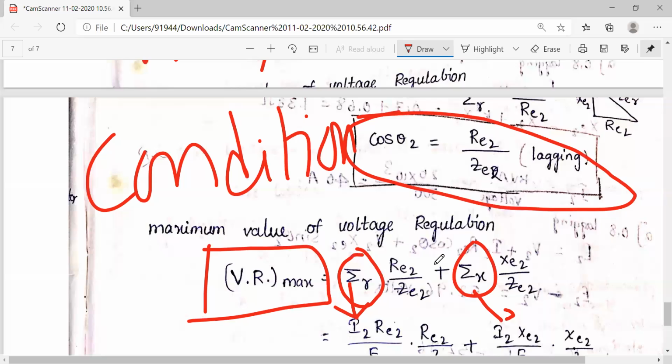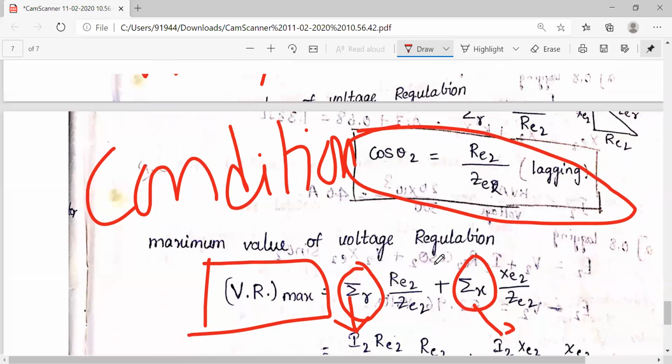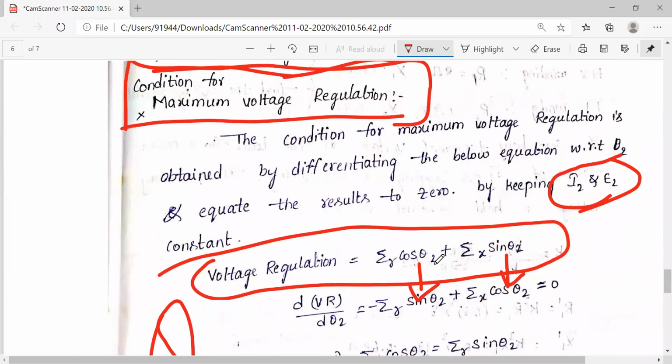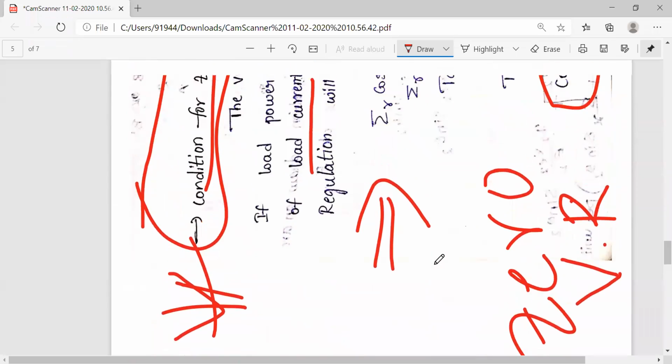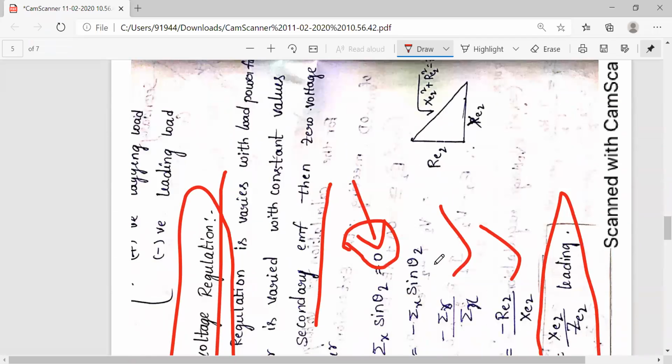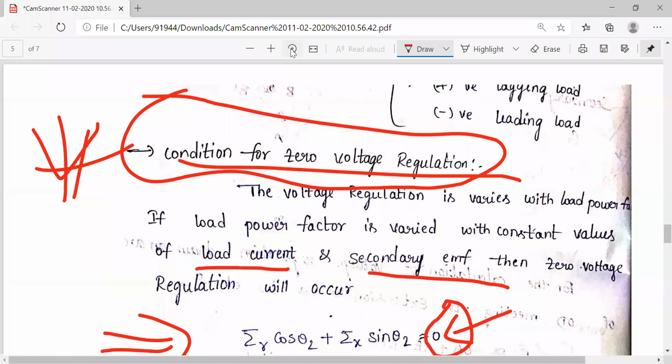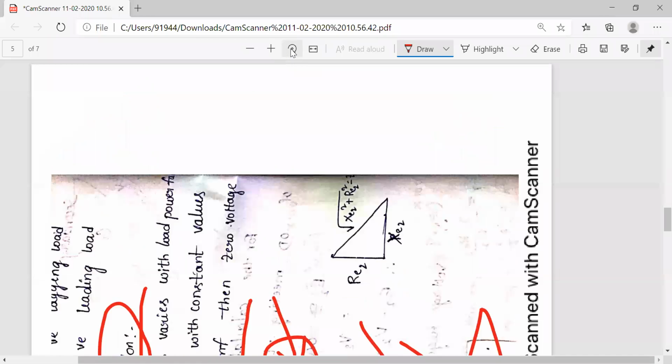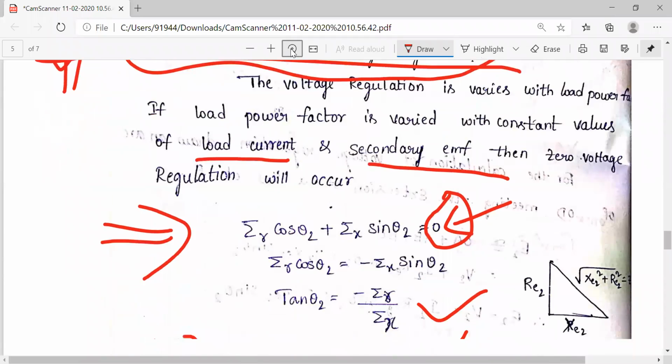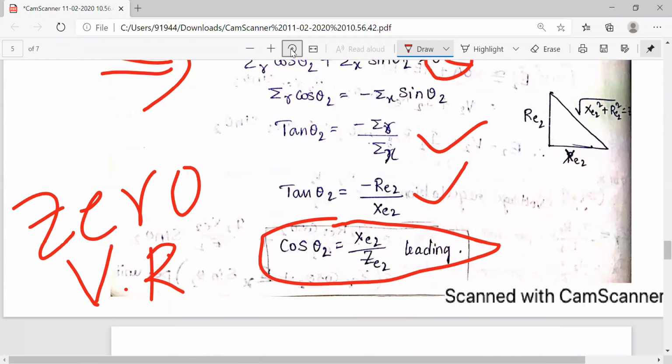Remember, in the last case, for zero voltage regulation, it was X equivalent 2 by Z equivalent 2. For maximum voltage regulation, it is R equivalent 2 by Z equivalent 2.